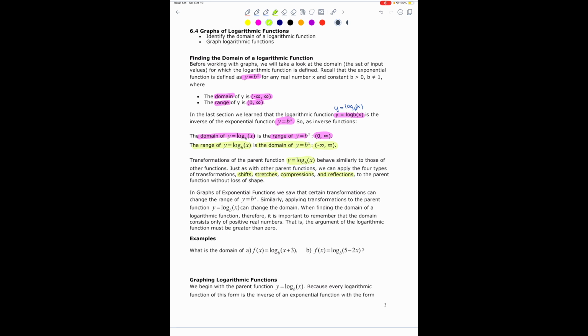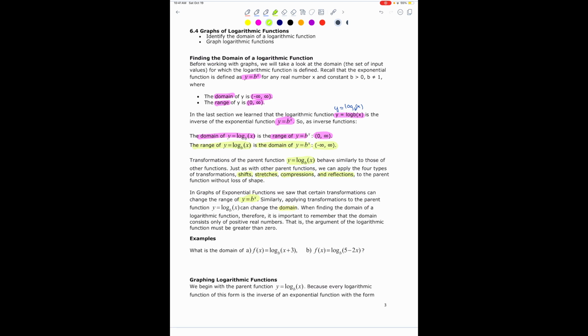In graphs of exponential functions, we saw that certain transformations can change the range of the exponential function y equals b to the x power. Similarly, applying transformations to the parent function y equals log base b of x can change the domain of that function.